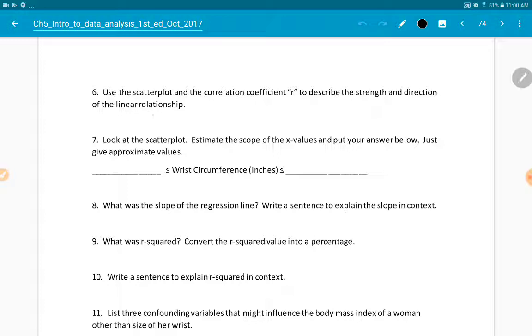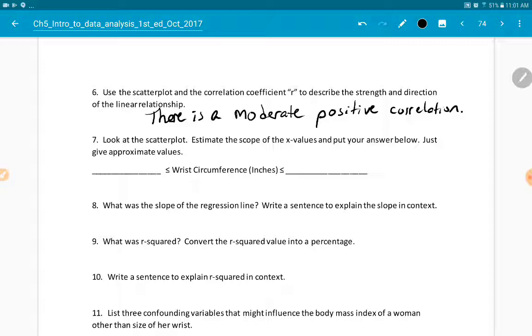So there is a, I'm going to say actually moderate, positive relationship, linear correlation.